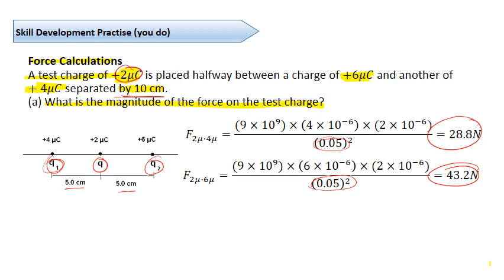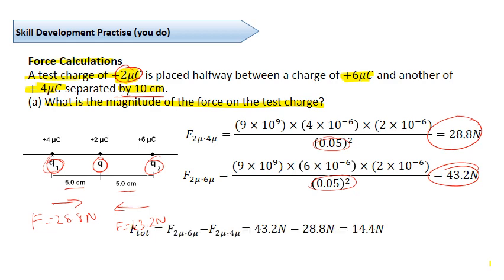What this means is that Q2 is pushing with a force of 43.2 newtons, and Q1 is pushing with a force of 28.8 newtons. Now, if we subtract them or find the difference, we will find the overall net force exerted on my test charge, and that works out to be 14.4 newtons.